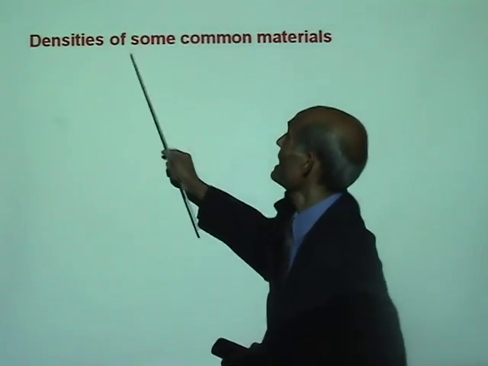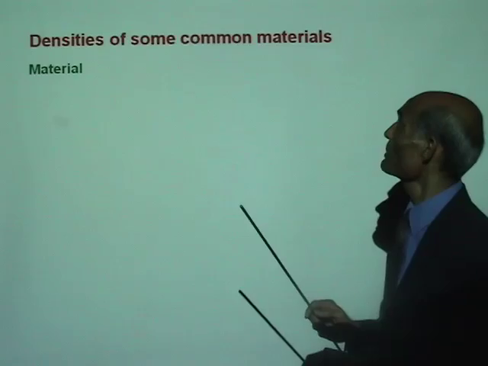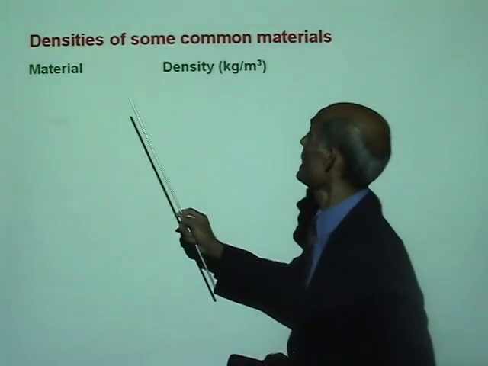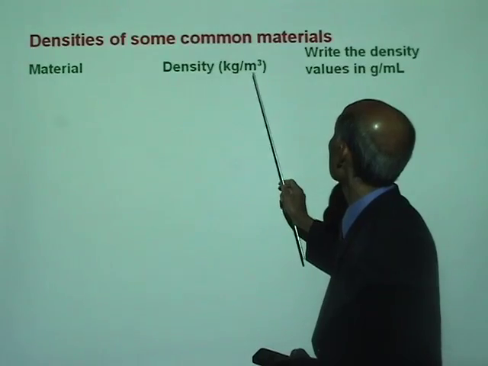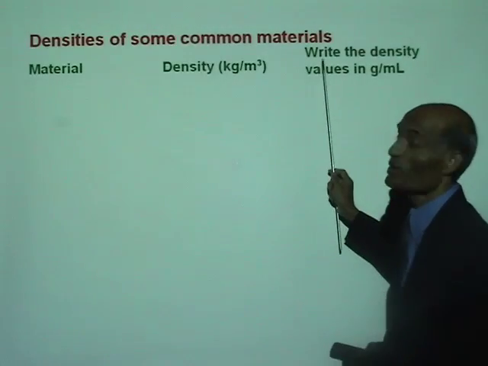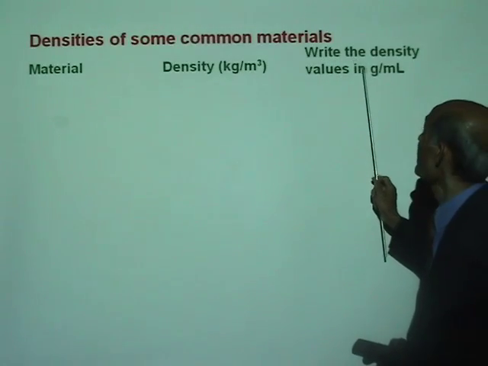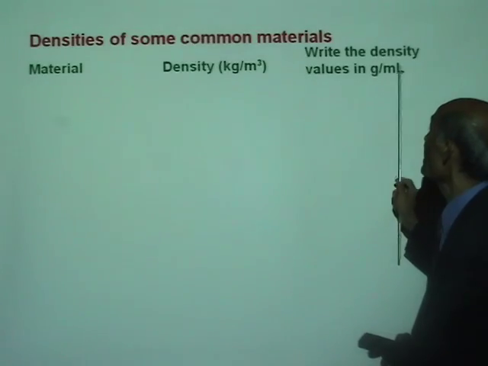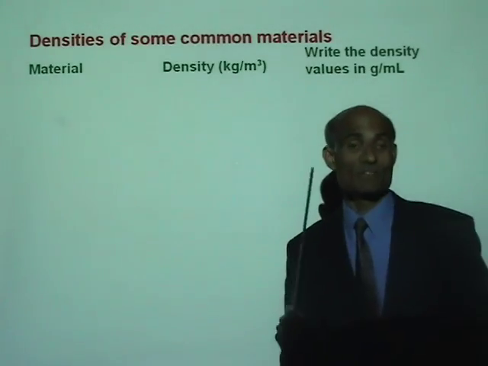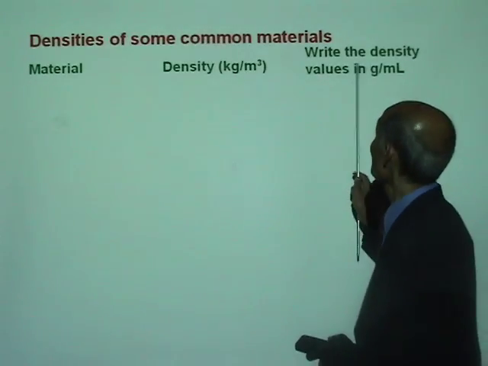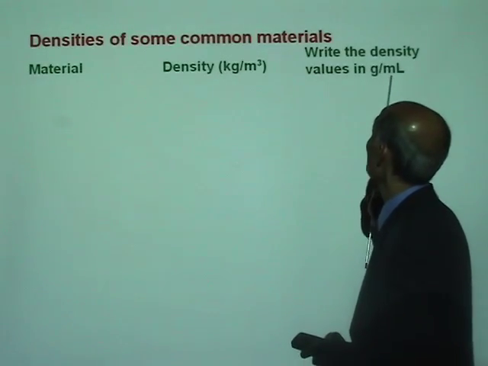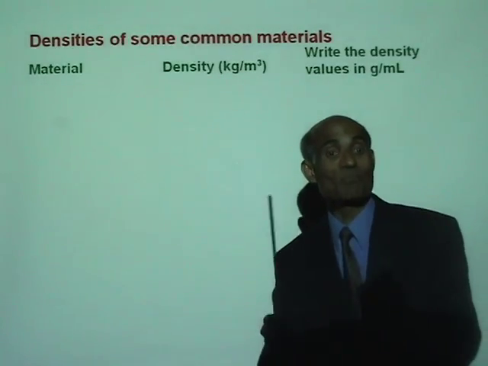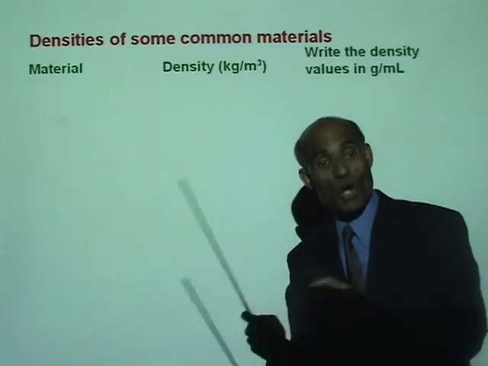We will now look at densities of some common materials. Alright, I'm going to give you density in kilogram per meter cube, and I want you to complete this table writing it in gram per milliliter. You know that in order to convert kilogram per meter cube to gram per milliliter, divide by 1000.